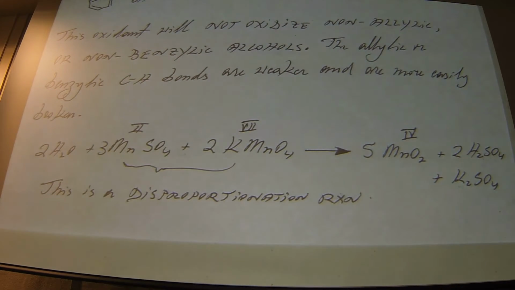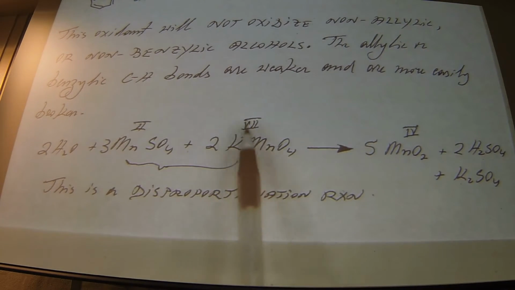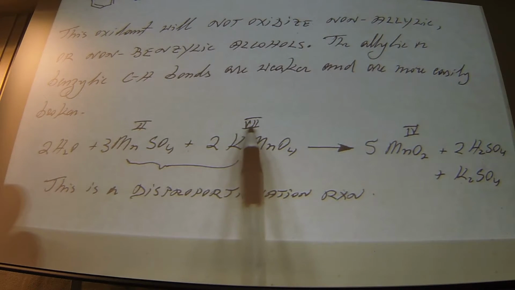And you start out with two different sources of manganese. So you start out with manganese sulfate, which is MnSO4, and this is manganese plus 2, and potassium permanganate, which is manganese plus 7.